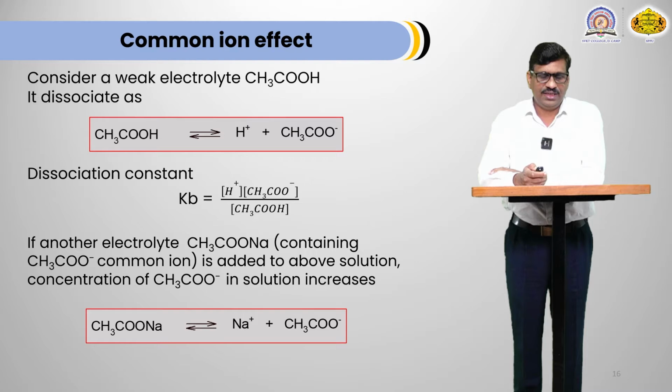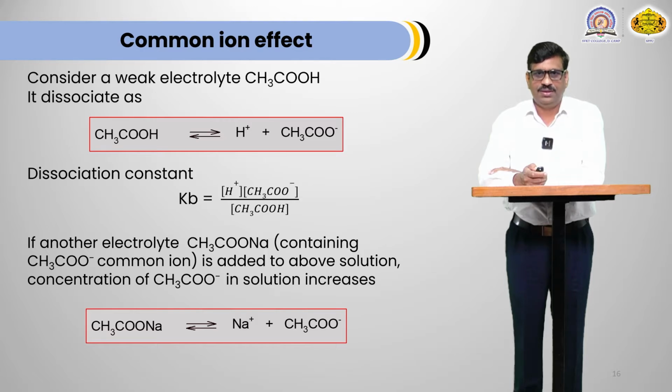You have to consider Ka here, not Kb, because acetic acid is an acid. If another electrolyte, say for example sodium acetate, is added, now this sodium acetate and acetic acid contain acetate ion as the common ion. This sodium acetate dissociates to produce Na+ and acetate ion.